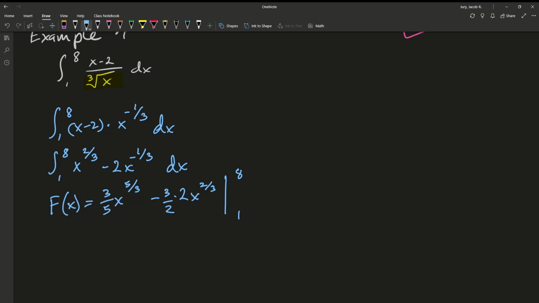And again, we're not adding c because this is a very specific area. It's not a generic equation of an integral anymore.